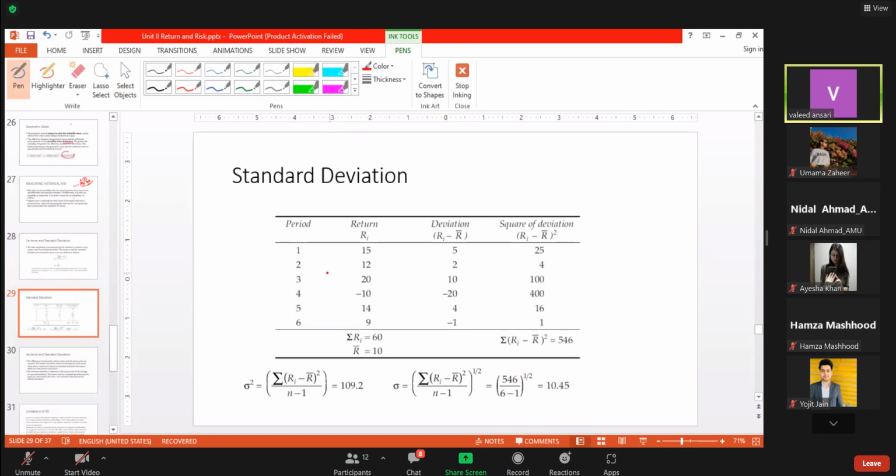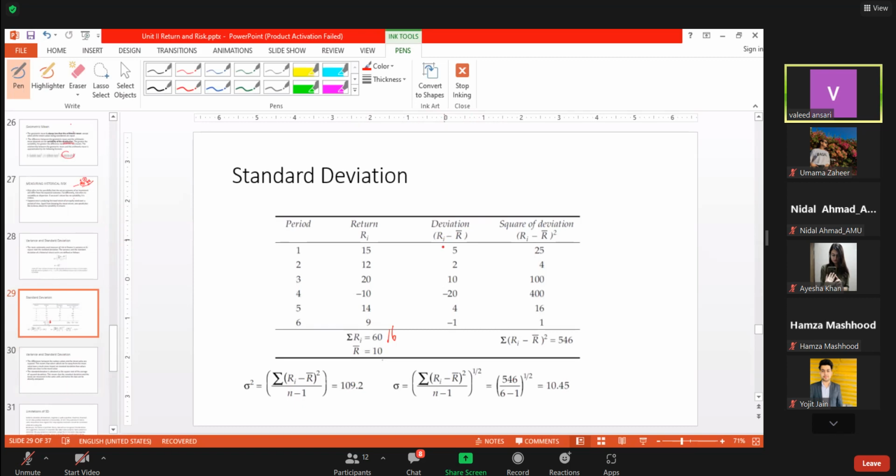Now these are the returns for various periods, maybe monthly, maybe yearly. So what is done here is that they are added and the average is taken. So R bar is the mean.